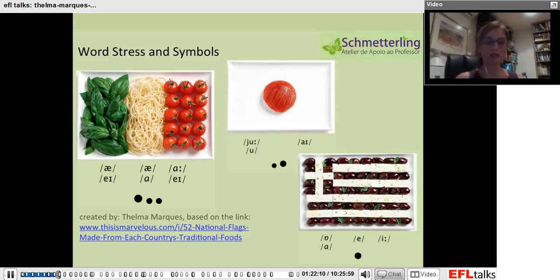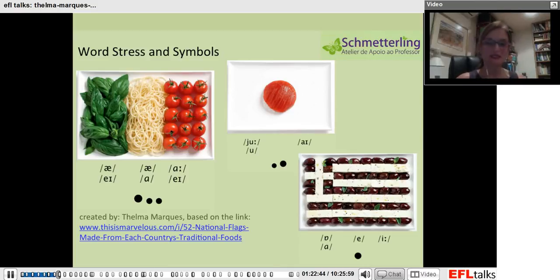For example, here you have basil, British, and basil, American. Tomato, British, and tomato, American. And the symbol is here. So you show the picture and the symbol, and the student comes up with the word correctly. For countries here, you have Italy, Japan, Greece. Oh, only one syllable, Greece.